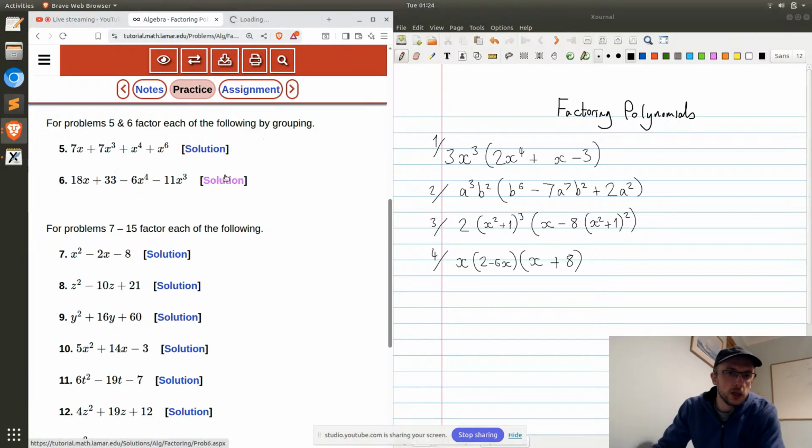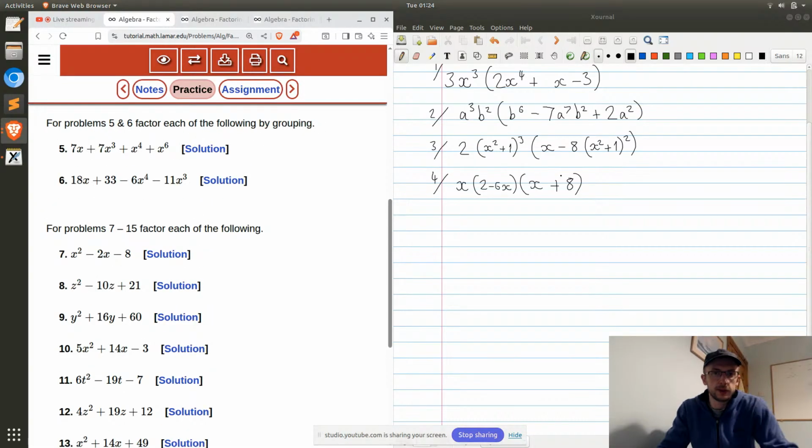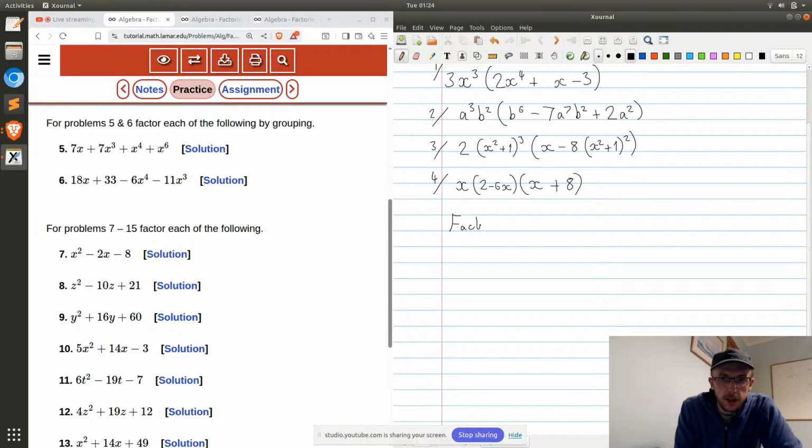Here we shall factor by grouping. All right, let's do that. Factoring by grouping.